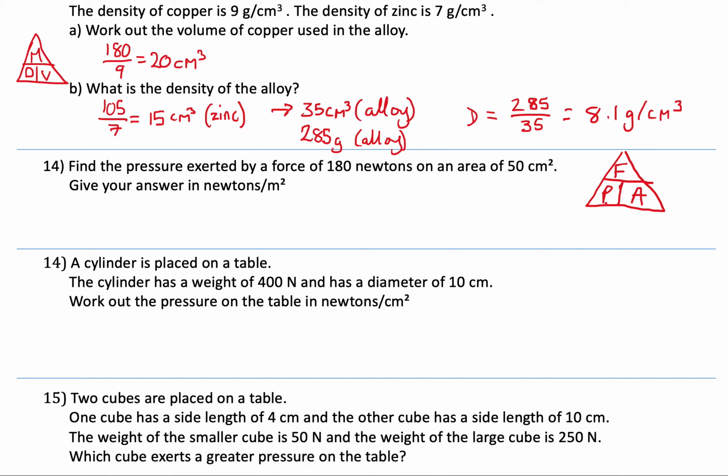Okay, so you could remember this one by Professional Football Association or anything like that. Okay, so pressure, we're going to do 180, that's the force, newtons, divided by the area, so 50. That's 3.6 newtons per square metre.